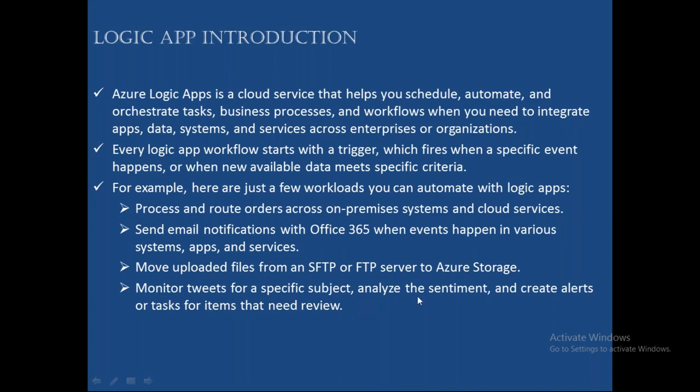Monitor tweets for a specific subject, analyze the sentiment, and create alerts or tasks for items that need review. For example, whenever you upload a video which is not following the YouTube policies, they will say we are going to review this video. Whenever you comment something, you will sometimes see this message, that it will be reviewed. Why?